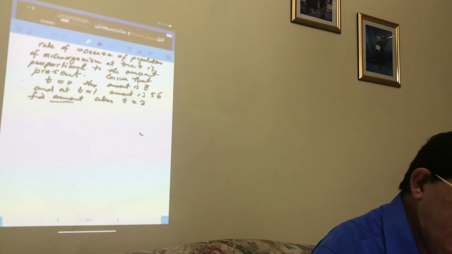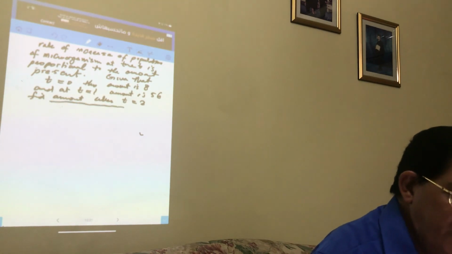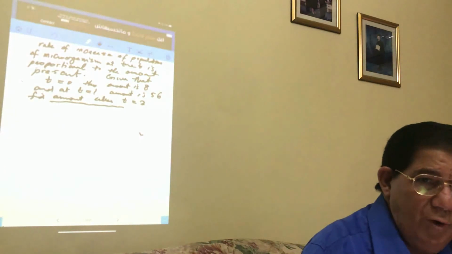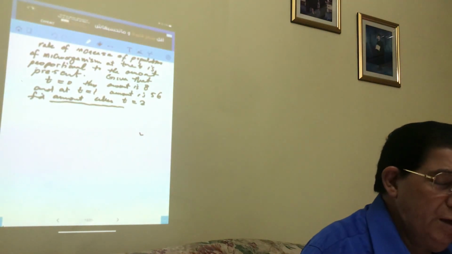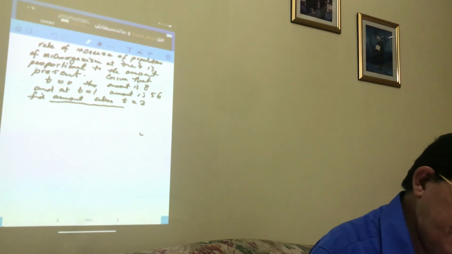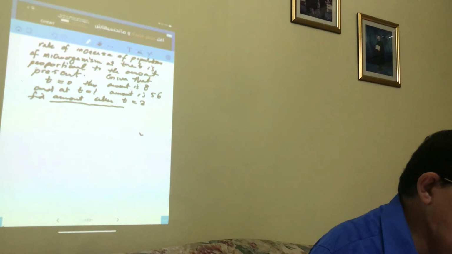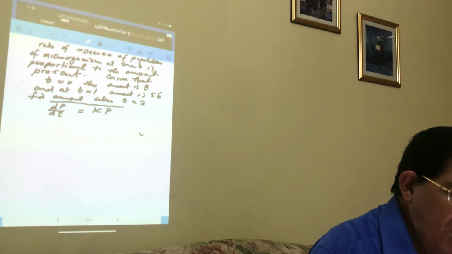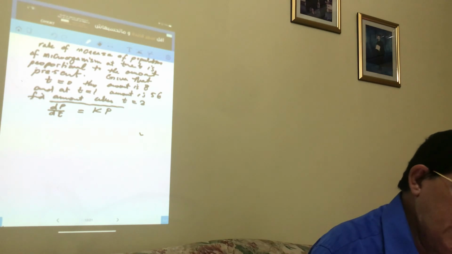You remember in the O level, when we say y proportional to x, so y equals kx. Let us call the population p. So dp by dt equals k times p. It says proportional to the amount. k is the constant of proportionality.